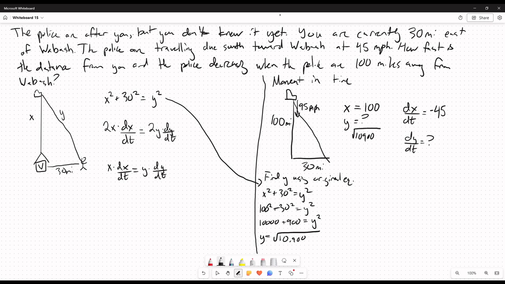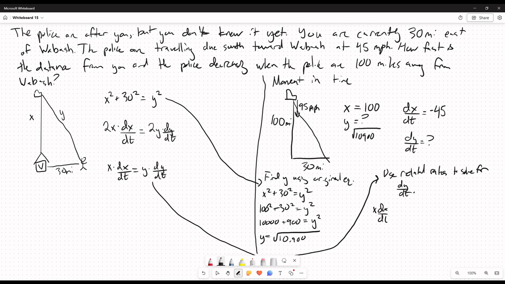So now I have x, y, and dx/dt. Now I'm ready to go ahead and use my related rates equation to solve for dy/dt, which is the rate of change between me and the police. Or you and the police, I suppose. So we're going to set that up. We have x times dx/dt equals y times dy/dt.